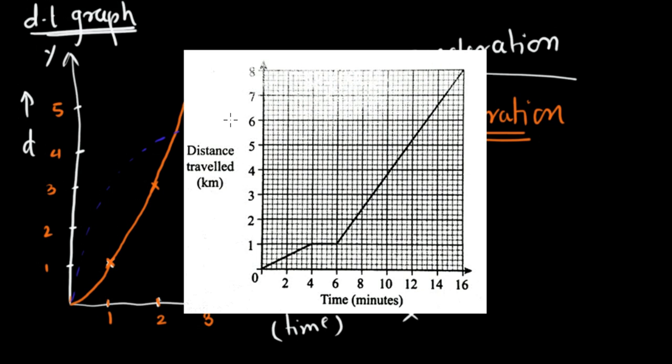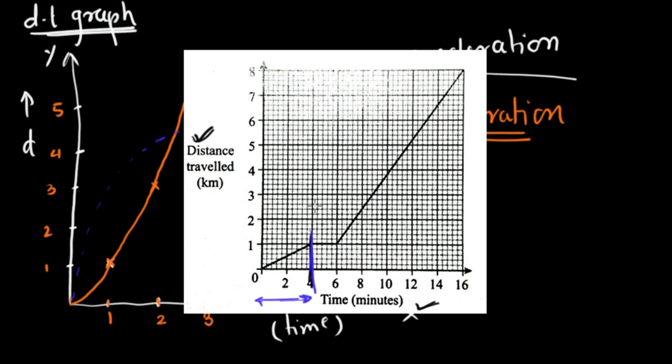As you can see here, that's the distance that is traveled, and that's the time required by the body to travel. If you look closely, there are three different parts in this graph. That's one part, from 0 to 4 minutes.